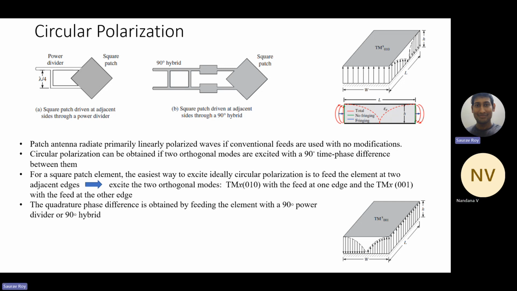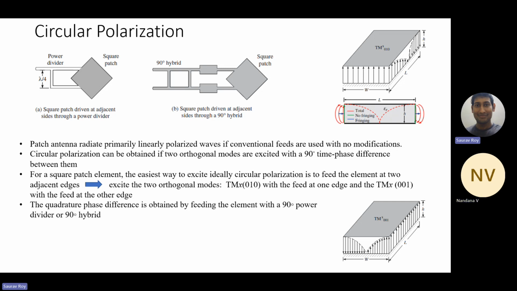So the alignment of the receiver antenna and transmitter antenna will not matter that much if you have a circular polarized antenna. In order to eliminate this polarization mismatch, we are using circular polarization. This is one of the reasons.